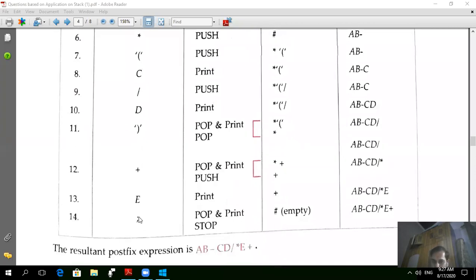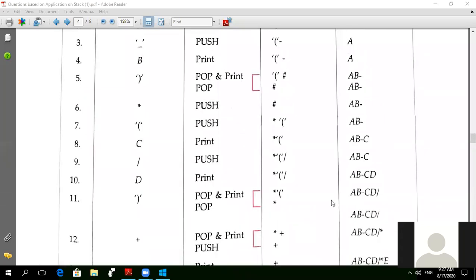Instead of that, you have to write the closing bracket, the small bracket. Clear? So the closing bracket will come. Once this bracket is closed, then this plus sign will shift to the output screen. The final output is AB minus CD divide multiply E plus. Any confusion, please ask.